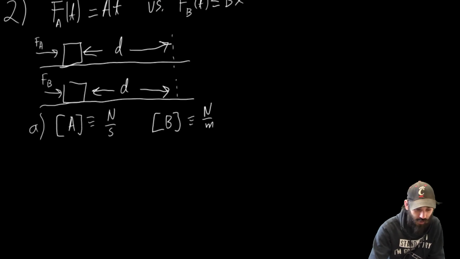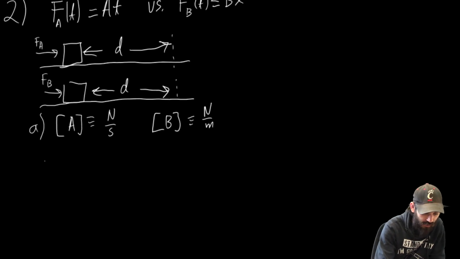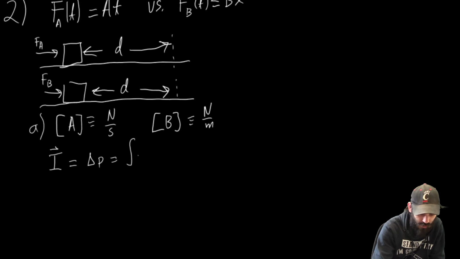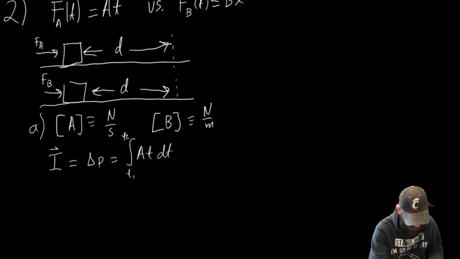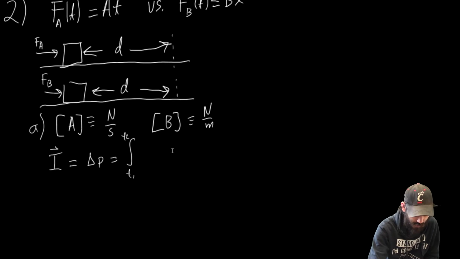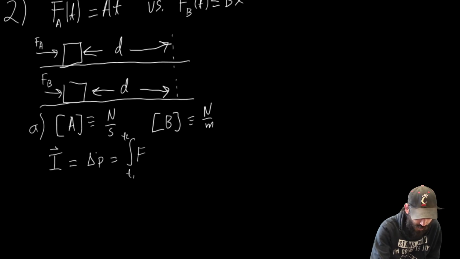Okay. So let's start with looking at how we can find what the position as a function of time is and what the velocity as a function of time is for F_a. So with F_a, what we have is this equation for the impulse. So the I vector is going to be equal to delta p, which is going to be equal to the integral from t1 to t2 of F_a(t) dt, or more generally, just to write down our original equation, this is F vector(t) dt.